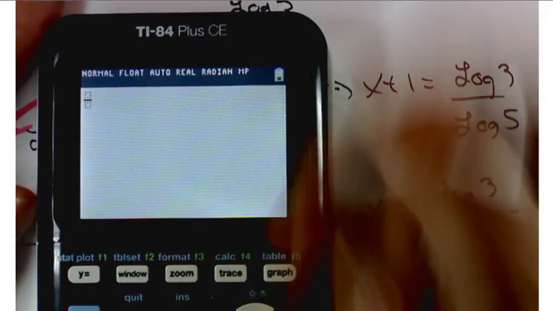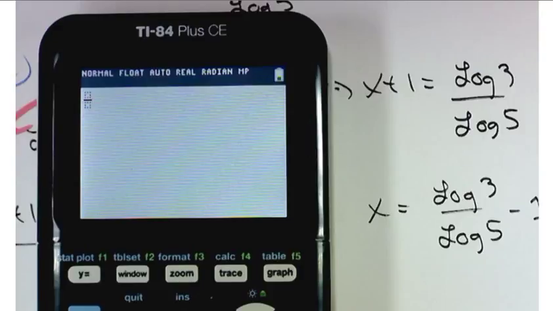That gives me a nice fraction, and I don't have to worry so much about the parentheses. So I want the log of 3, and then hit the down arrow to get into the denominator, divided by the log of 5. Right arrow gets you out of there, minus 1.